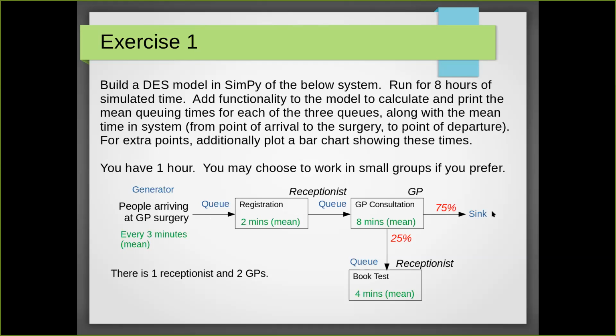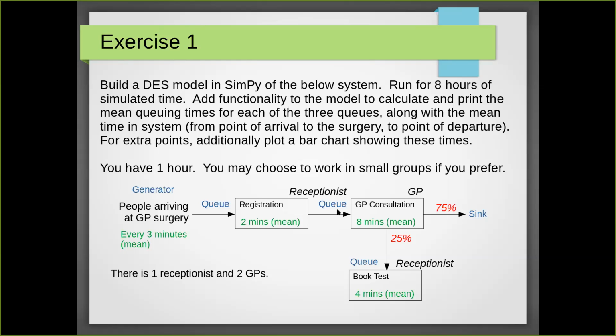I've just realized there should be another arrow down here that says sync as well. They either leave straight after the GP consultation, or they leave after they've booked the test. So you need to capture the start time they enter the system, and then depending on what happens to them, either this or this will be the time they leave the system.